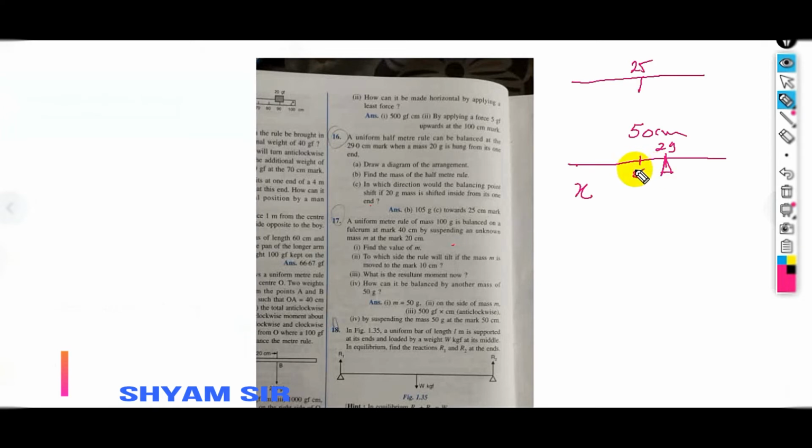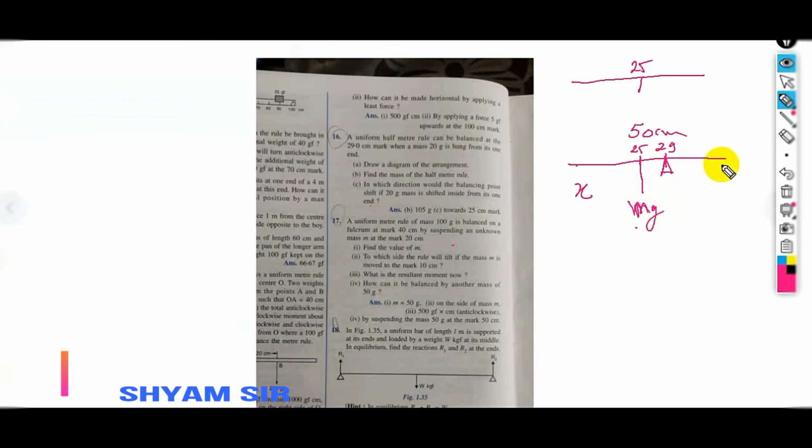So as per the diagram, this is the x and 25. So the whole weight of the scale is acting at the midpoint, that is 25, and let the weight of the scale be mg, the mass of the scale.